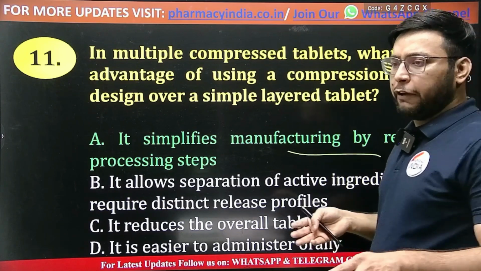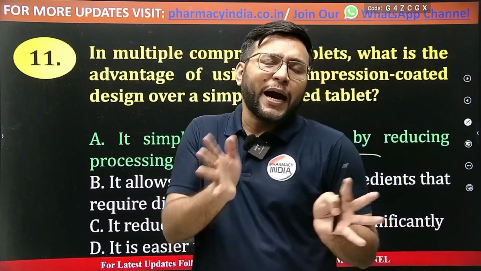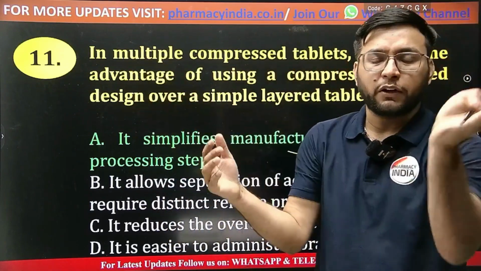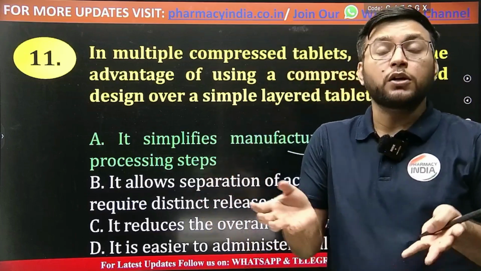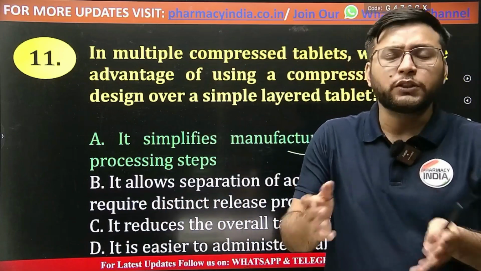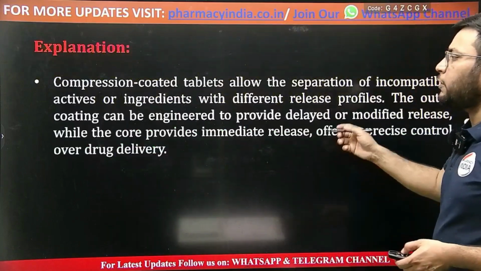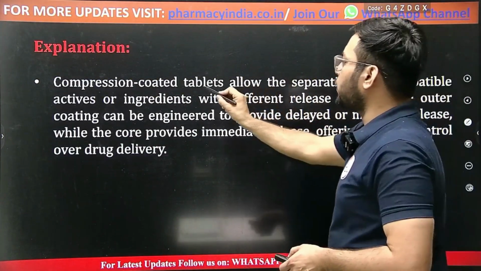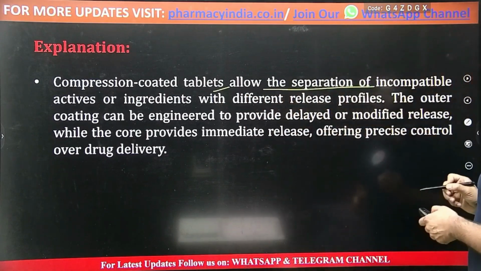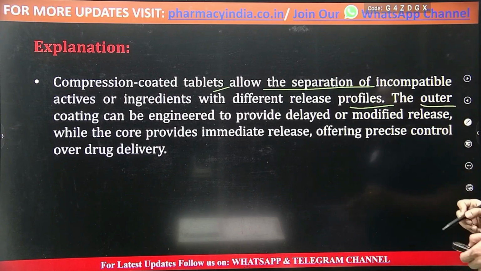If the processing steps are reduced, the price of that formulation will get reduced because the processing cost will get reduced, and the patient will get benefited. Compression coated tablets allow the separation of incompatible active ingredients with different release profiles. The outer coating can be engineered to provide delayed or modified release, while the core provides immediate release, offering precise control.